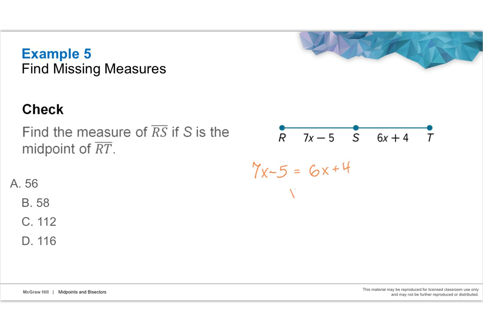Subtracting 6x, and then adding 5, x is 9. And so our value for RS is going to be 7 times the value 9 we found, all minus 5, or 63 minus 5, or 58. So that would be choice B, of course.